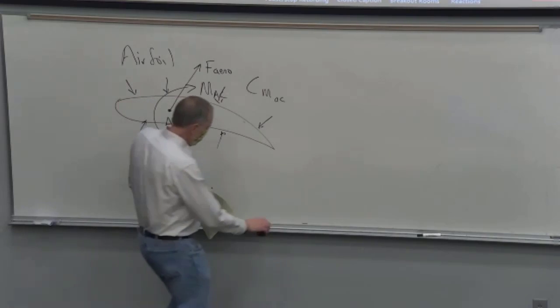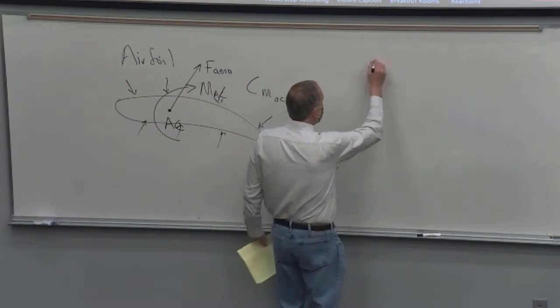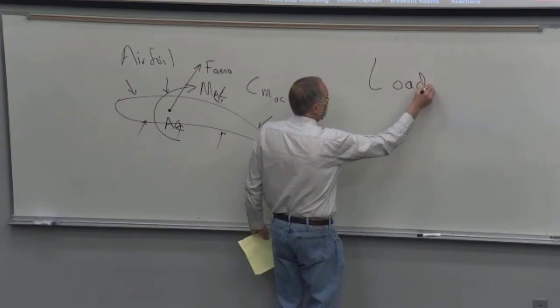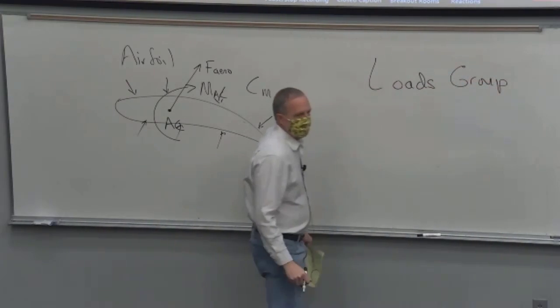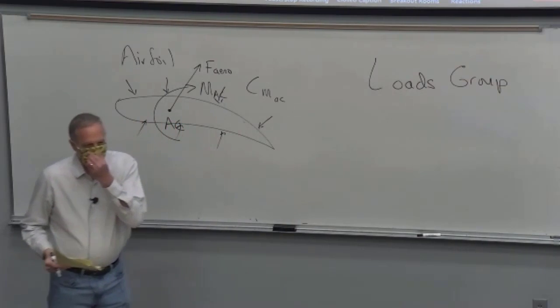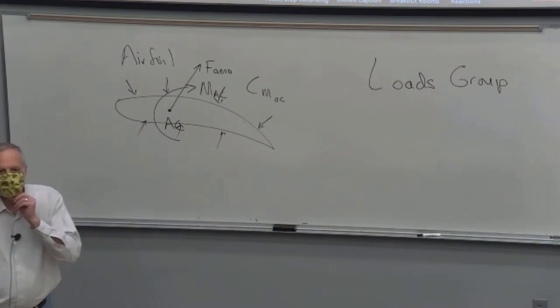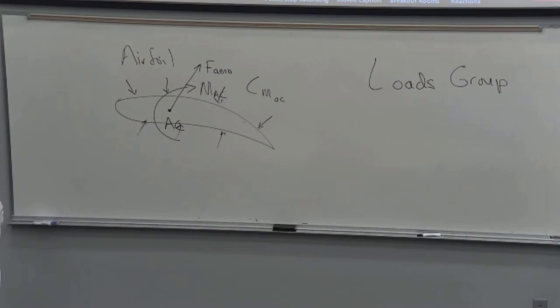This is the kind of thing that is typically done by what's called the loads group. For flight dynamics, we need to know the lift and the pitching moment because those are forces that are going to drive the dynamics. But more importantly, perhaps, the structures people need to know how the lift and the pitching moment are distributed over the wing so that they can design the structure to handle that load.